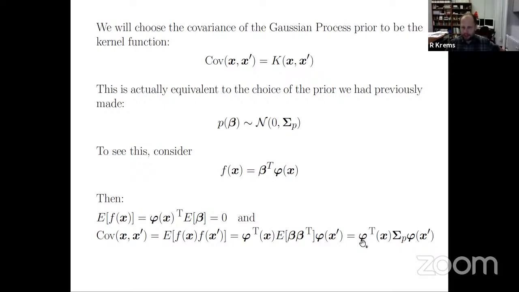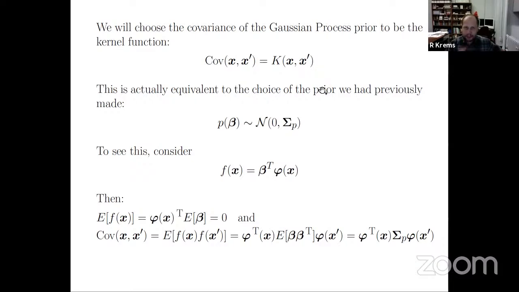That is equivalent to somewhat redefining what kernel functions are. And it doesn't matter, because at the end of the day, we're going to fit those functions. We're going to vary those functions in order to maximize marginal likelihood anyway. So, okay.